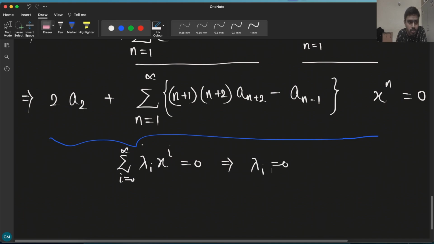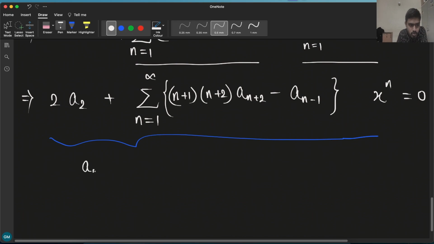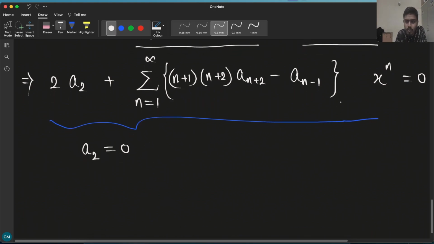So using that I can write a2 equals 0, because this is a constant term, and the others will be the coefficients of x to the power 1, x to the power 2, and so on.